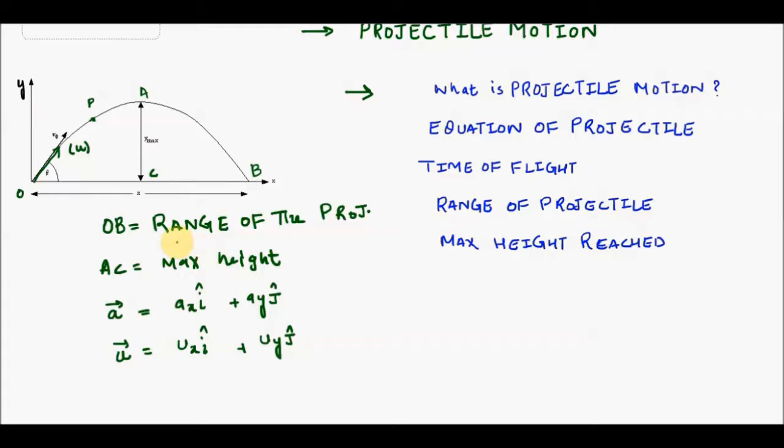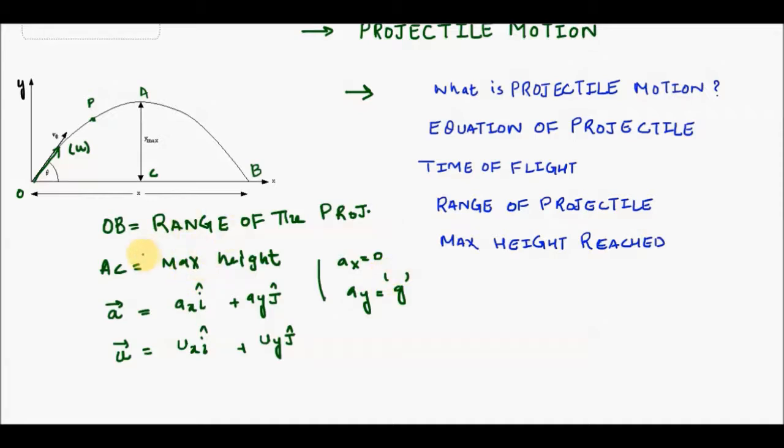There will be no acceleration along the x-axis because there is no force present in that axis. The only force present is the gravitational force, acting along the y-axis, and that causes an acceleration due to gravity g on the body. So from this I can say that ax will be equal to 0 and ay will be equal to g.